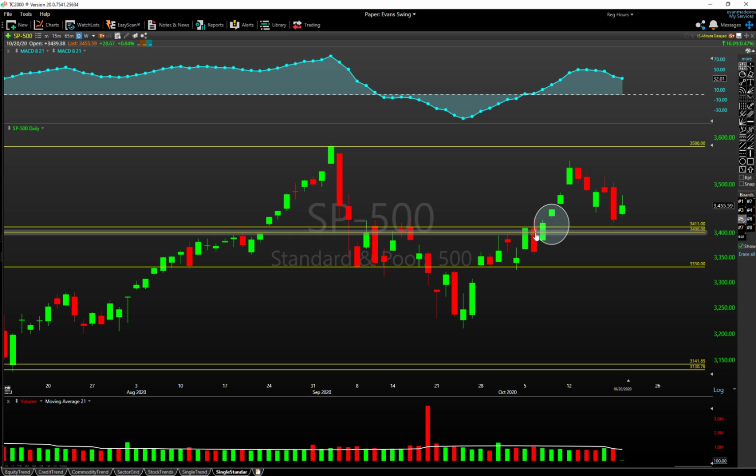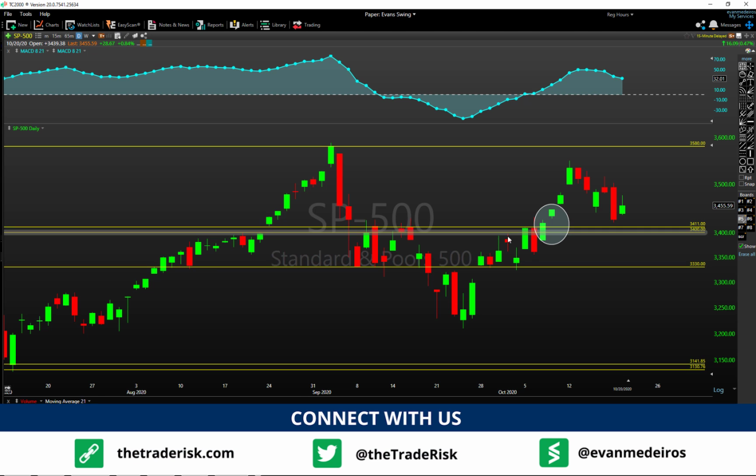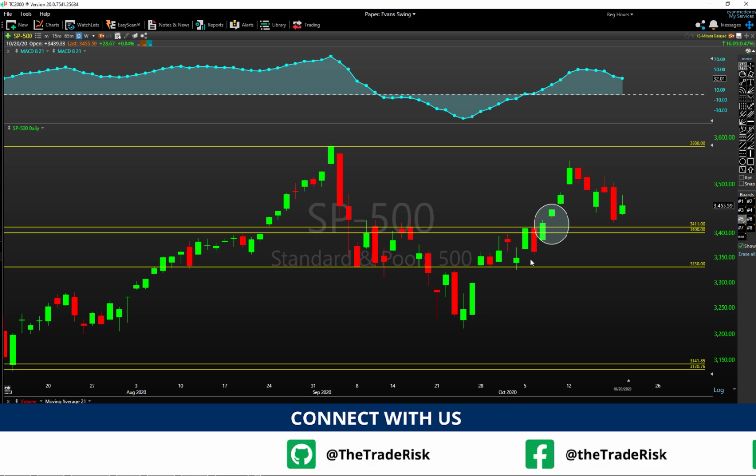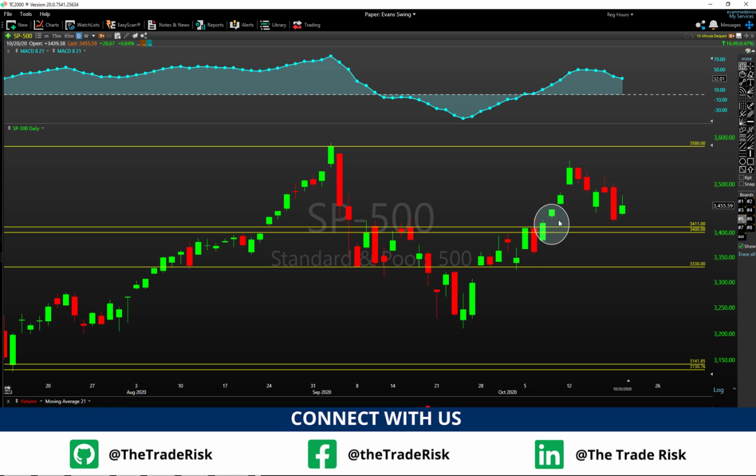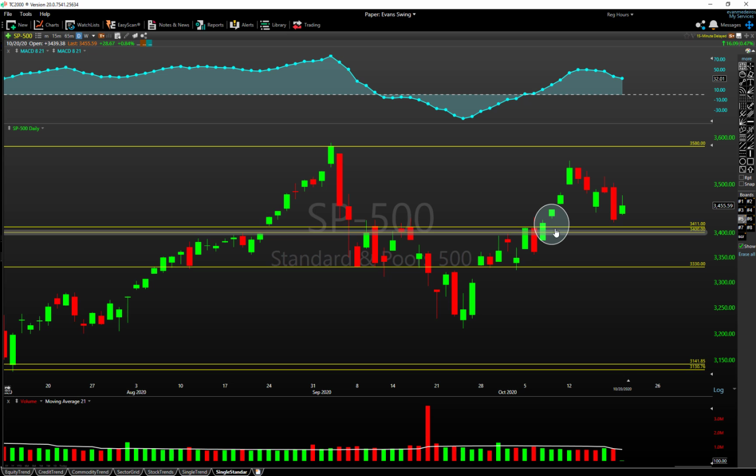That had been the intermediate term level that we have been paying attention to on the upside. It was resistance back here in early September. It gave us a little trouble here a couple of times in late September, early October, and then we finally resolved above it.